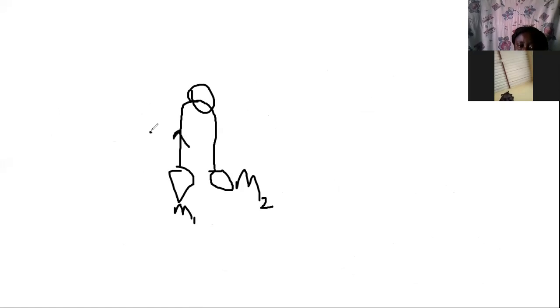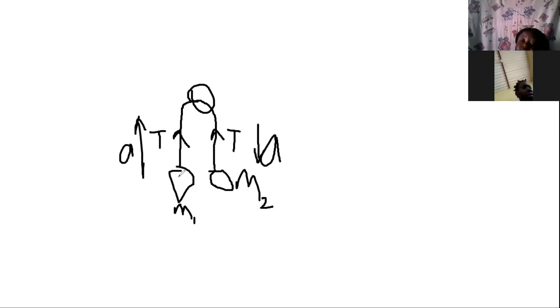Then you realize there is a tension going in that direction, and the tension on M2 is going up. The acceleration of A2 is moving downwards, while the acceleration of A1 is moving upwards. So the two masses move with the same acceleration, just in the opposite direction.